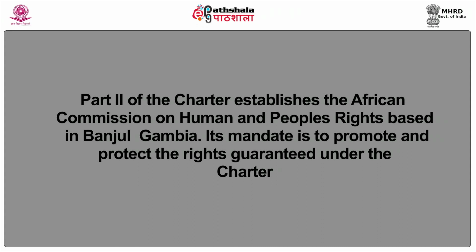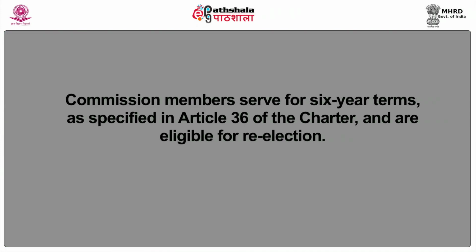Its mandate is to protect and promote the rights guaranteed under the Charter. The Commission is composed of 11 members who are elected by the Assembly of Heads of State and Government of the Organization of African Unity, or the OAU. Commission members serve for 6-year terms as specified in Article 36 of the Charter and are eligible for re-election.